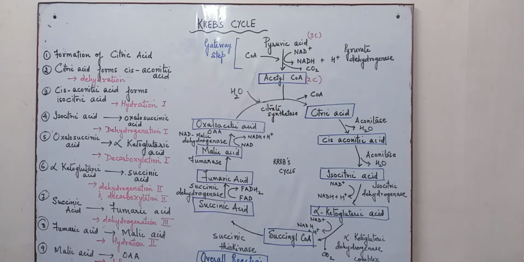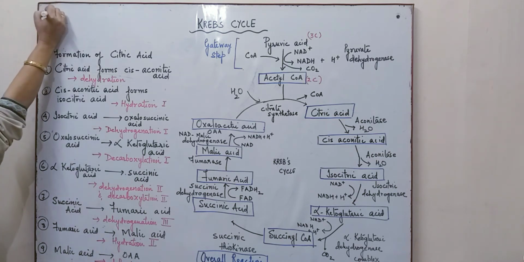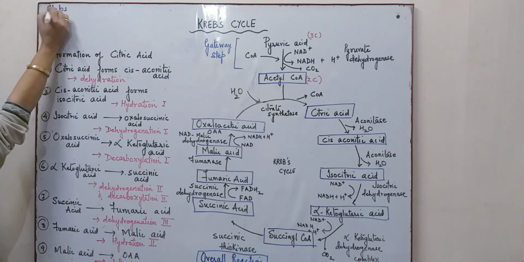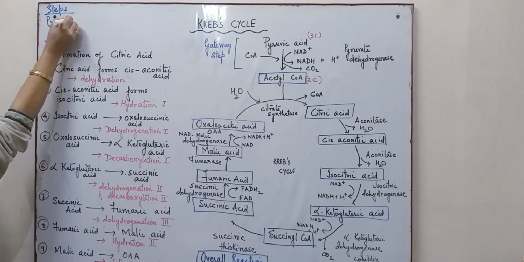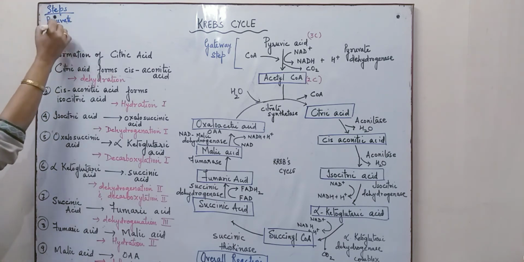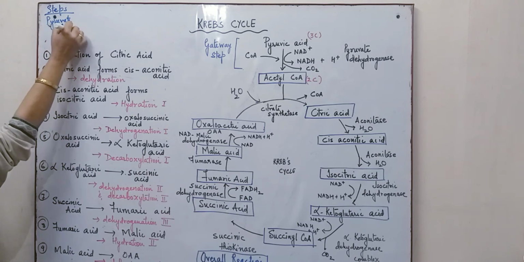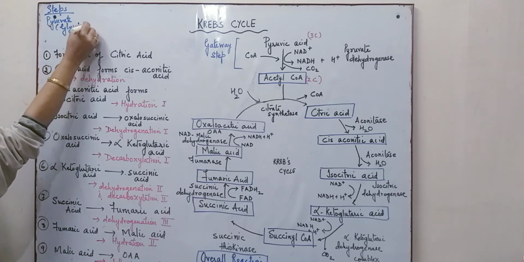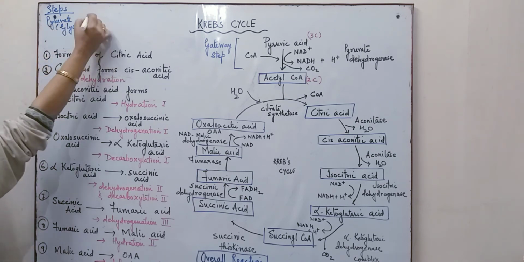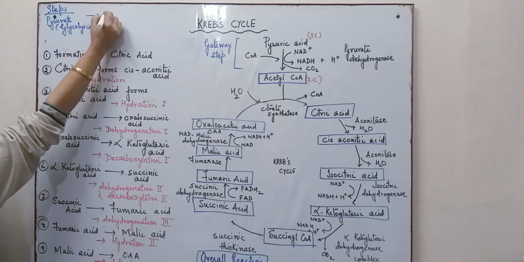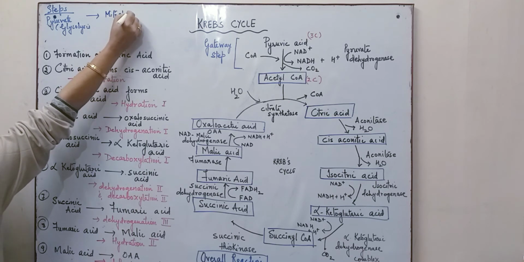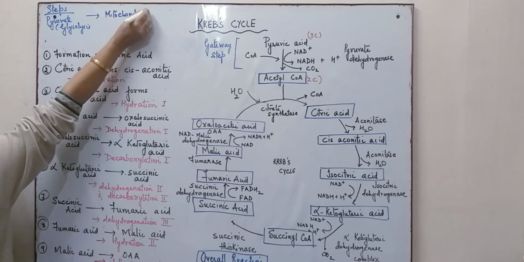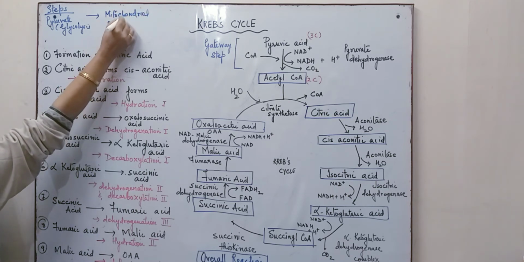In the first step, the pyruvate, or the pyruvic acid formed by glycolysis, enters the mitochondrial matrix.